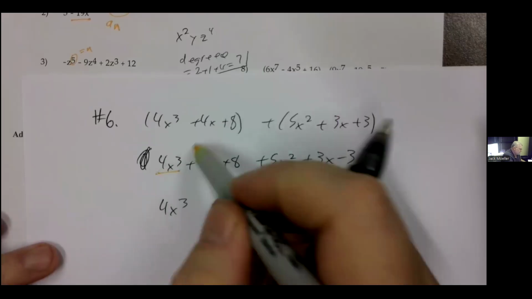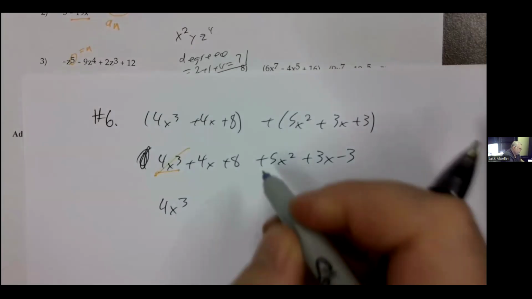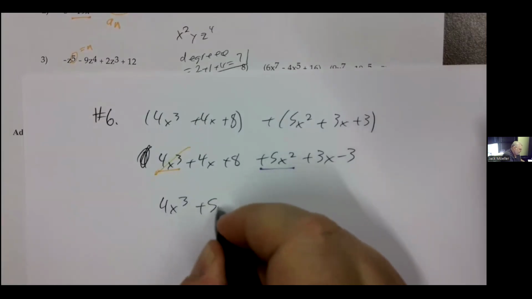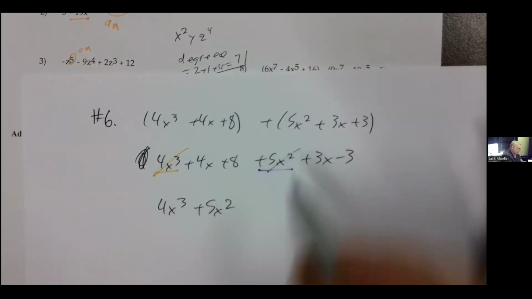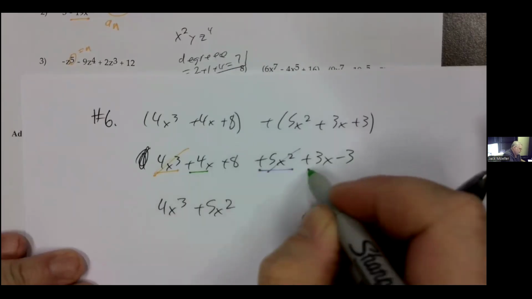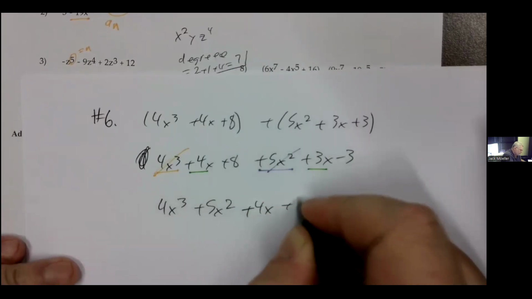I like to cross it out to show we're done with it. Then I go to x squared. The only x squared I have is plus 5x squared, so we're done with that. Then I go to x's. I've got plus 4x plus 3x, and don't change those signs.